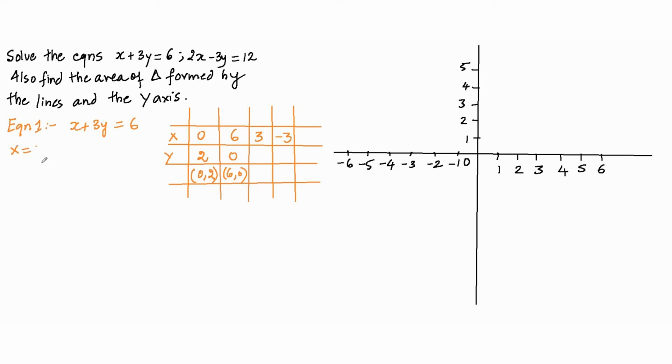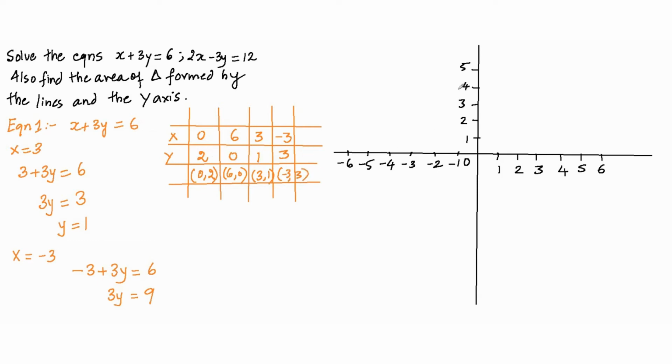When x is 3, I have 3 plus 3y is equal to 6, which means 3y is equal to 3, which means y is equal to 1. So this particular point is (3, 1). Now let me take x equal to minus 3. So minus 3 plus 3y is equal to 6, which means 3y is equal to 9, which means y equals 3. So the fourth point is (minus 3, 3).